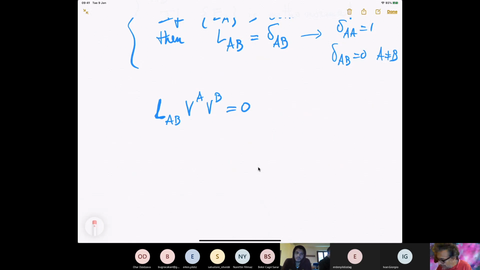We want to prove that this implies V^A equals 0.